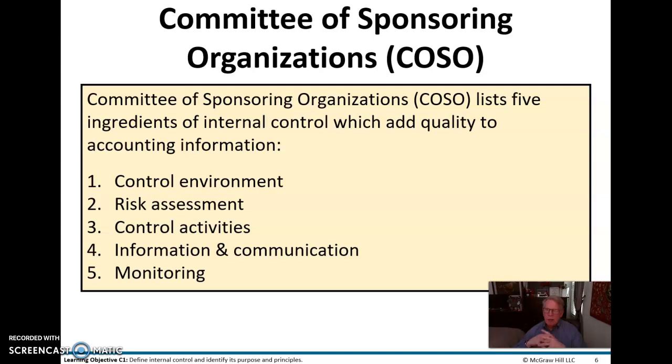And then eventually that gets translated to information and communication, and then we go back and monitor those items to make sure that we're continuously improving and identifying any areas that need attention.